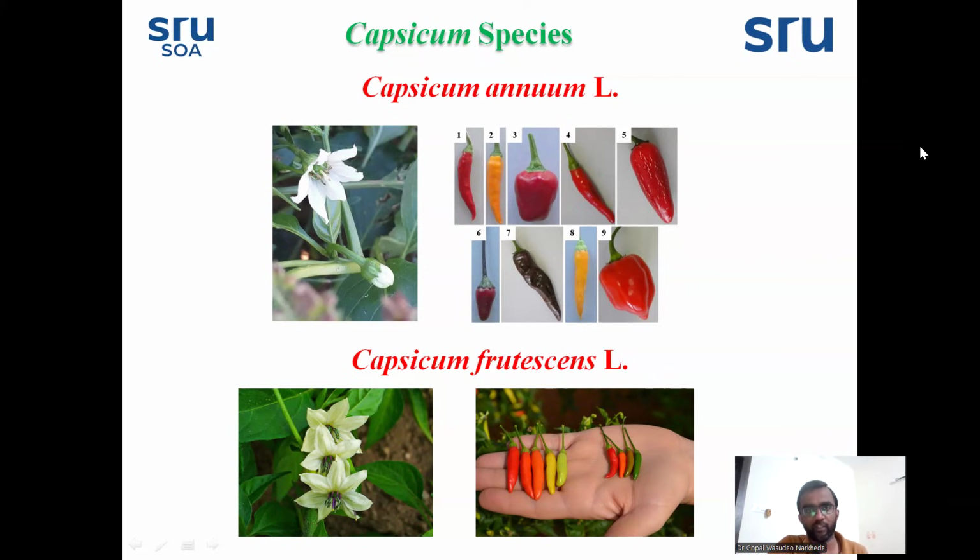Here you can see nine different fruits available. Then the second one is Capsicum frutescens. Here also you can see the different fruits, right? So lots of diversity is available in capsicum.